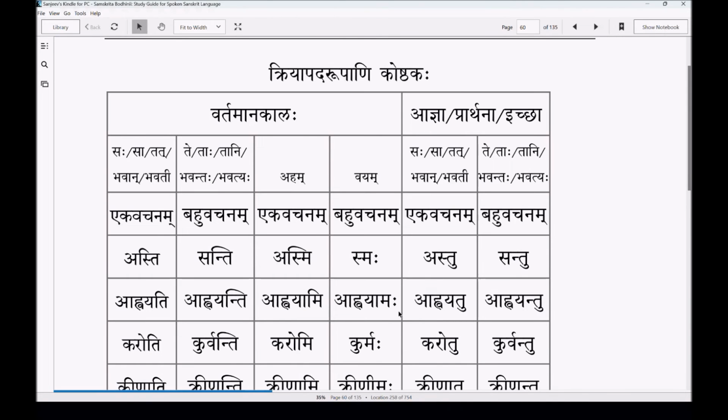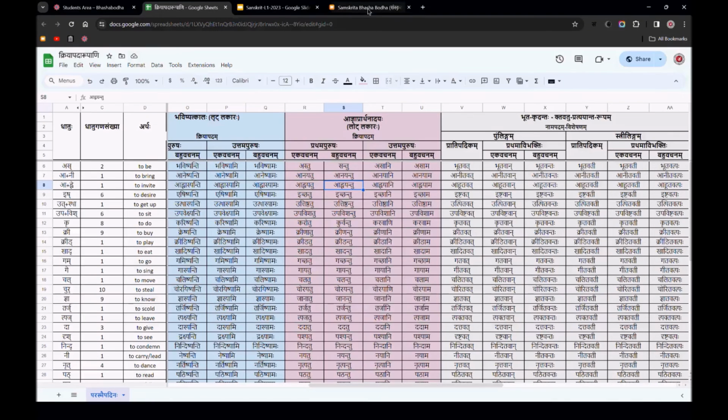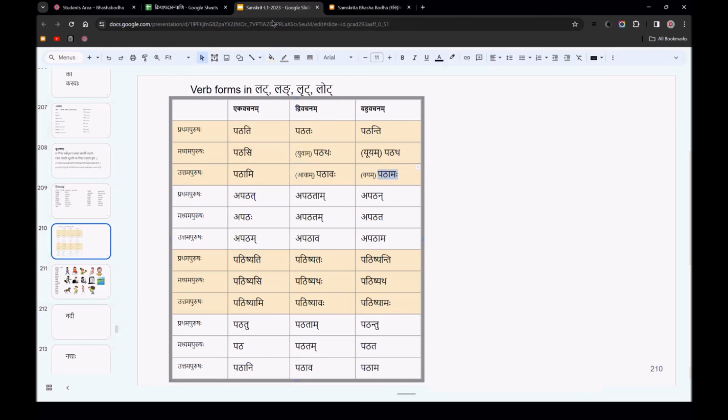Present tense ajna prarthana, aham, vayam. In ajna prarthana you can also use the Uttama Purusha forms, which are shown here, right? Like patani, patava, patama. So Uttama Purusha ekavachana patani.